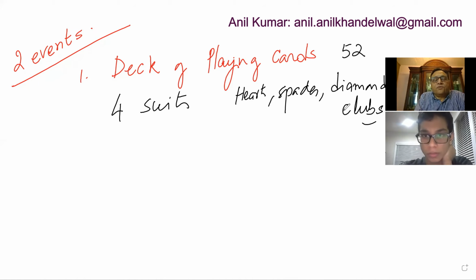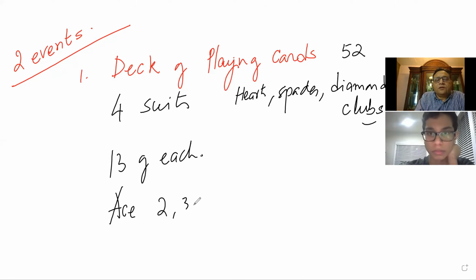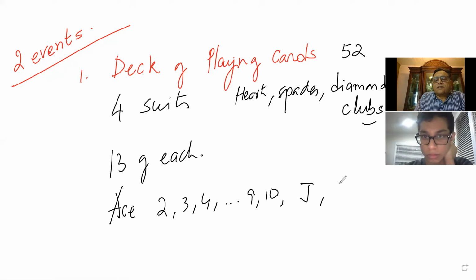So four suits, and in each suit, 13 cards. Of the 13, you have an ace, right? I'm not writing one for it, but ace, and then the numbers 2, 3, 4 to 10, right? And then the face cards, Jack, Queen, and King. So these three are called the face cards.